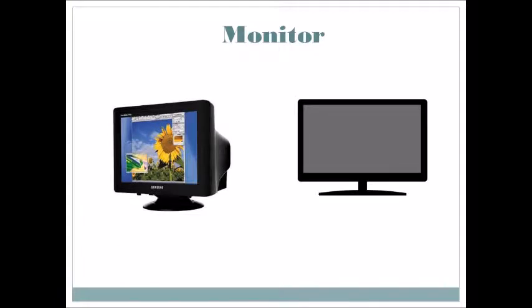The first is the CRT model. CRT means cathode ray tube. The second is the TFT model. TFT means thin film transistor. Nowadays TFT monitors are more popular because of their shape and light weight.